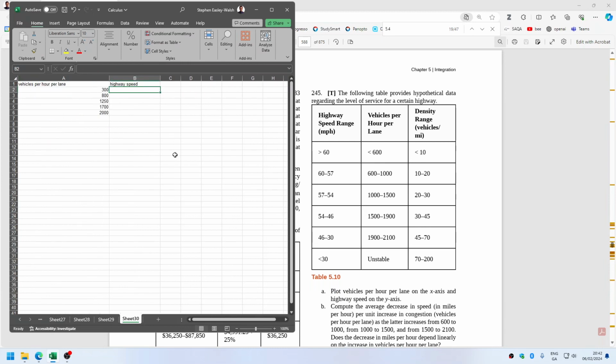Highway speed more than 60. Okay, so let's start at the bottom. Unstable, can't plot unstable. So 30 to 46, that's 38.